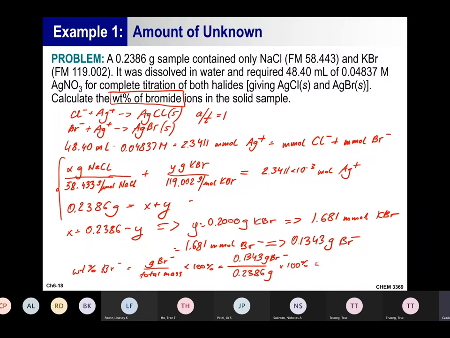So that equals 56.28% by weight of Br minus. Okay, so we did a lot of conversions here, but you can see that even this simple titration, if it is done correctly, can give you a great deal of information, because you can analyze these two ions that are in your unknown solution.